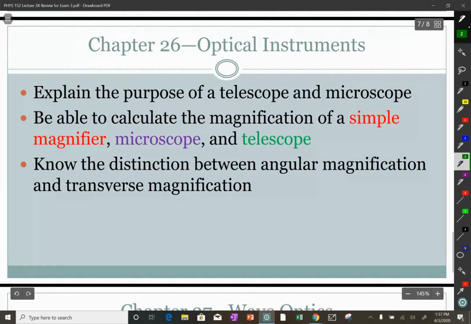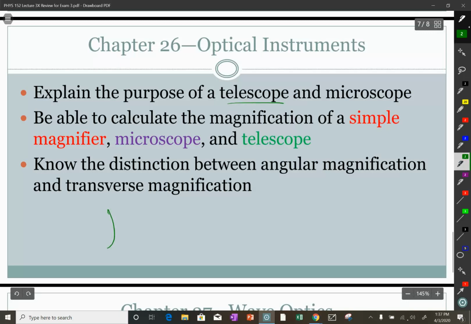Finally, for chapter 6, optical instruments. You should know the purpose of a telescope: to magnify very distant things, which are generally also very large. A microscope is to magnify very small things that are very close. You should be able to calculate the magnification of a simple magnifier.